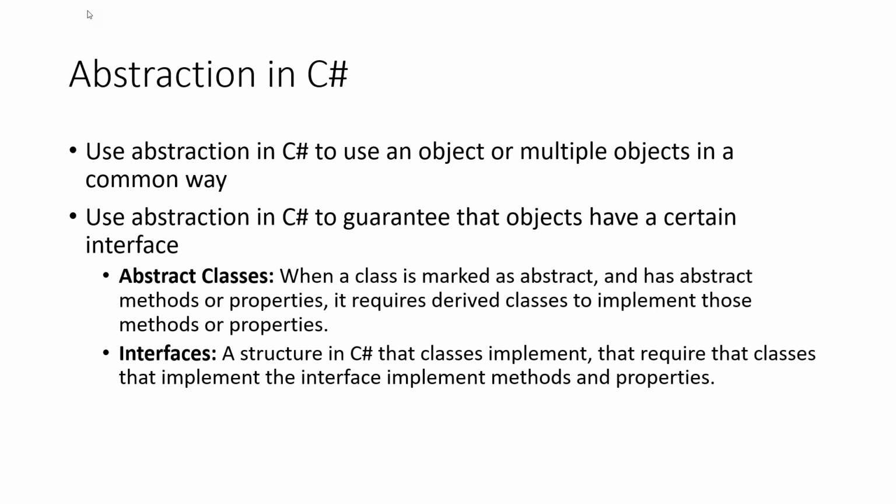Abstraction in C# can be achieved in a couple different ways, with abstract classes and with interfaces. You'll remember that an abstract class is usually a parent class. An abstract class can't be instantiated, or in other words, we can't say new blah, creating an object from an abstract class.